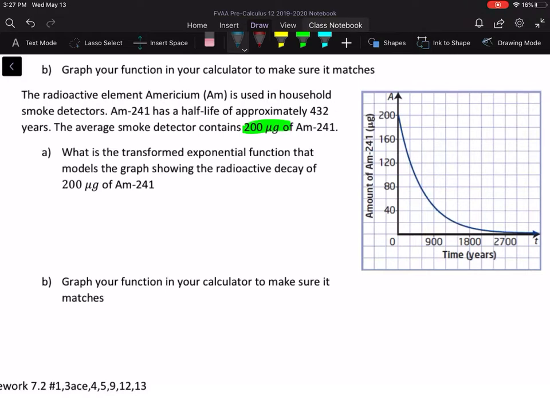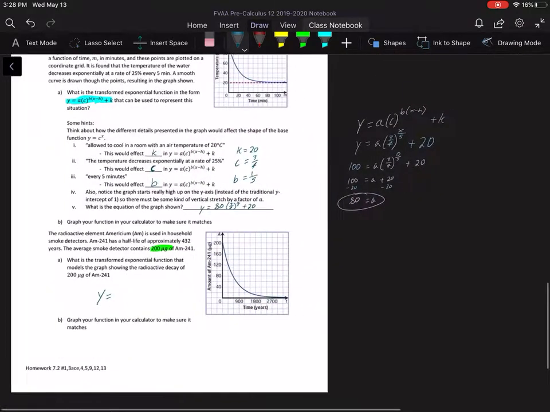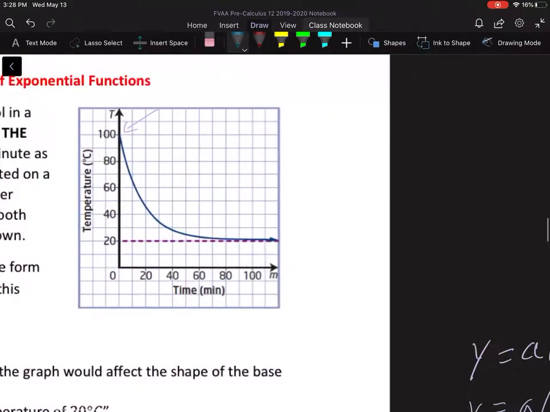Okay, what it comes out to is this: y is equal to... now, the only thing that can affect the y-intercept, which is an important point to make, is a k value and an a value, right?